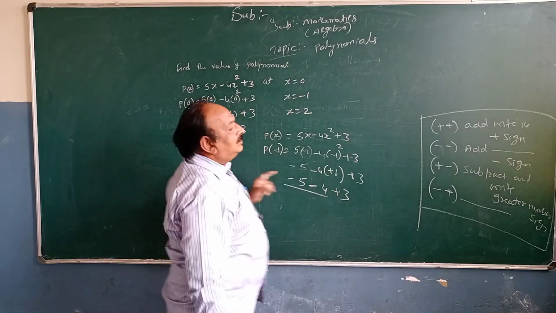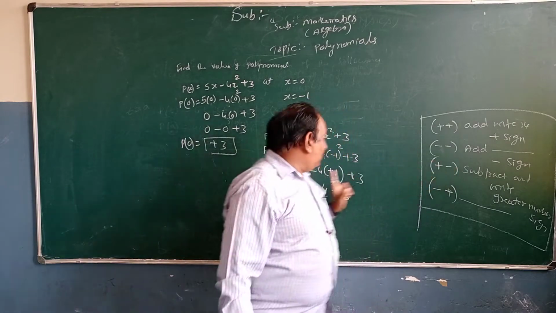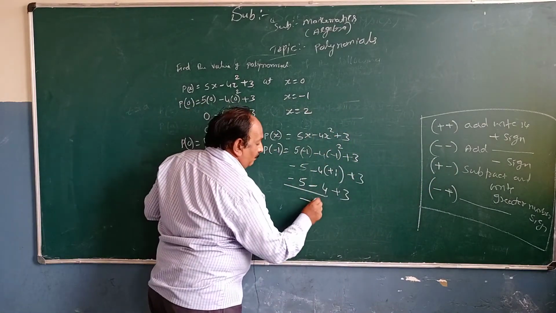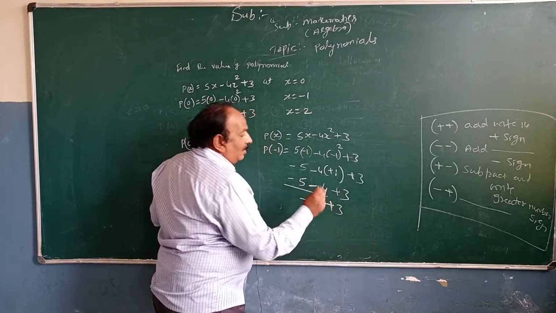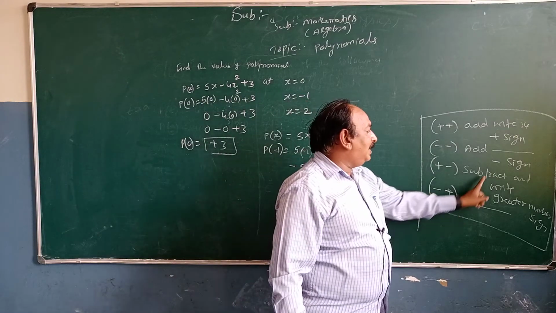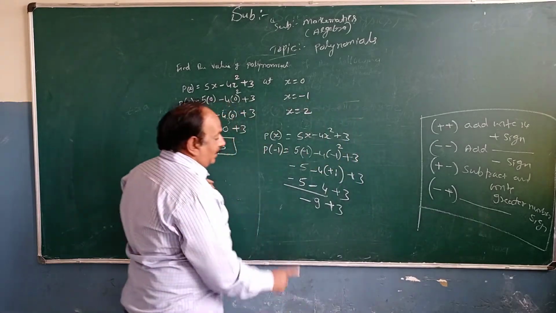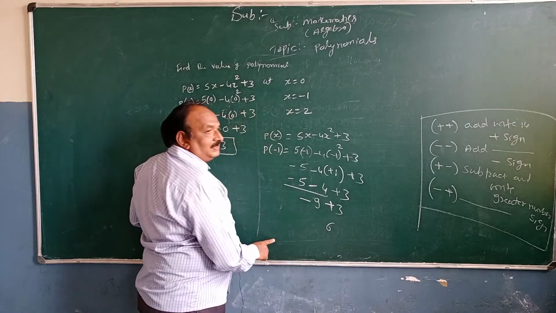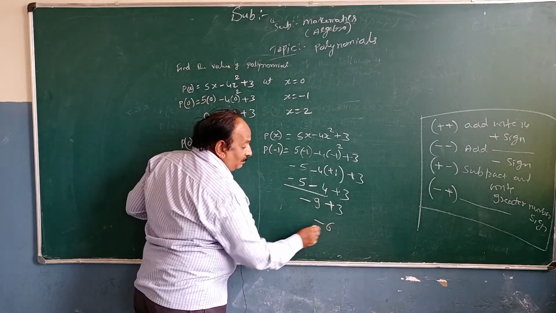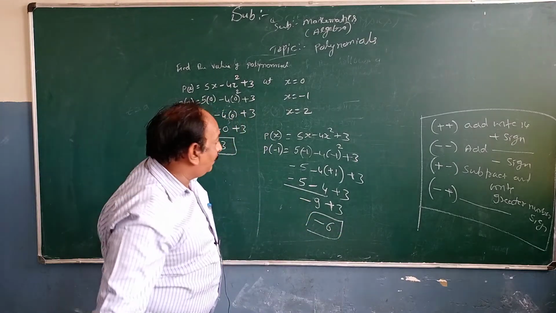Both are minus, 4 and 5, minus 9 plus 3. One is minus, another is plus, subtract and write the sign of the greater number, 9 minus 3 is 6. The greater number is minus, so the answer is minus 6.